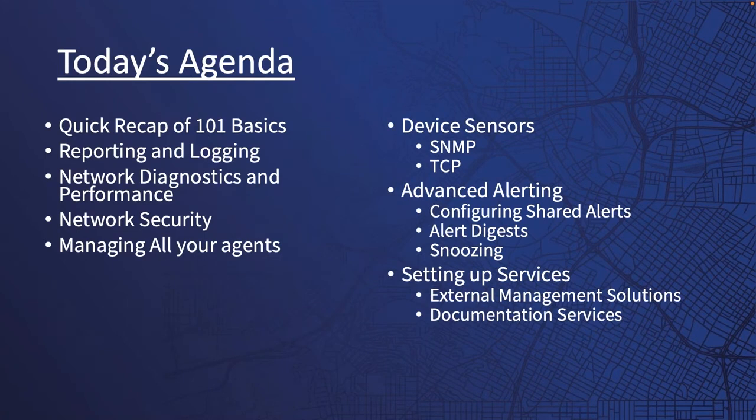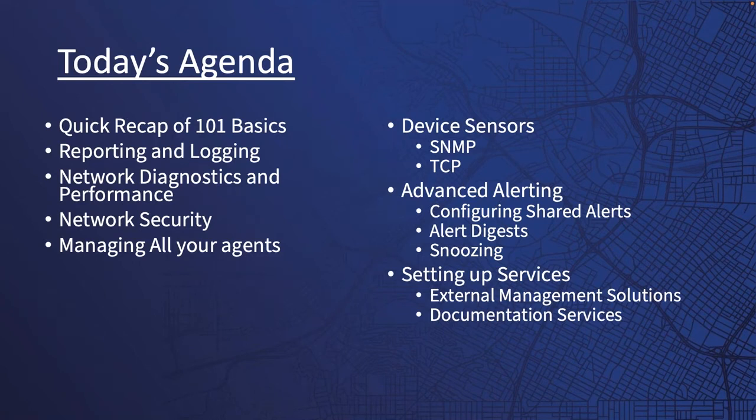We'll look at some of the more advanced alerting capabilities, as well as some of the features within alerts which I think a lot of people care about, such as getting a total digest of all the alerts that are happening, as well as snoozing. And then lastly, we'll talk a little bit about setting up some of the external services, the third-party services, dealing with cloud-based systems and documentation services, and getting those in.